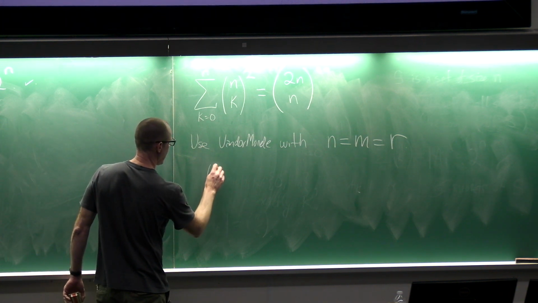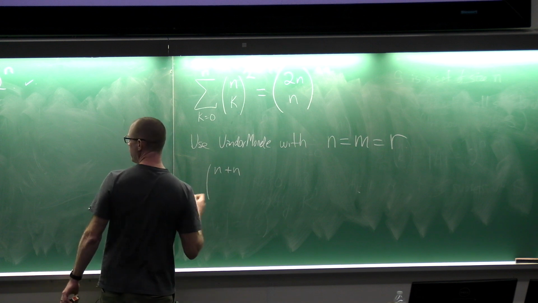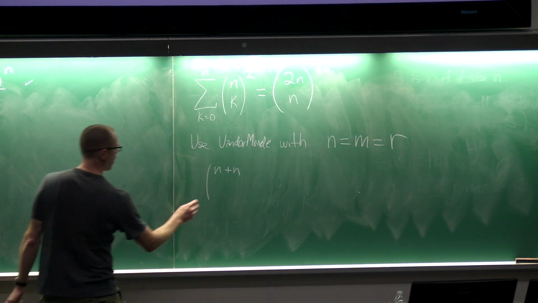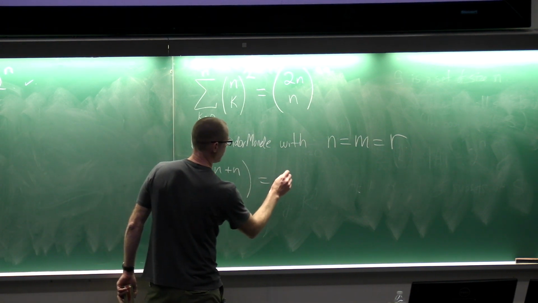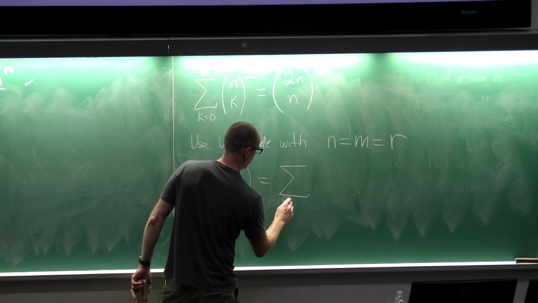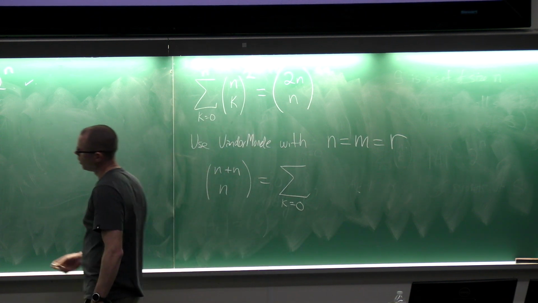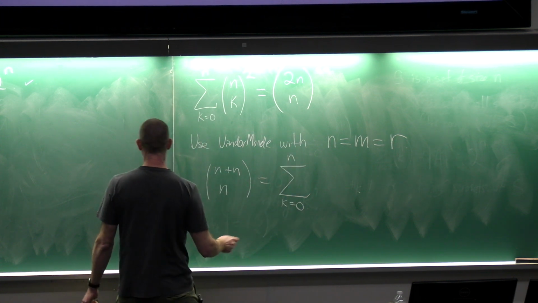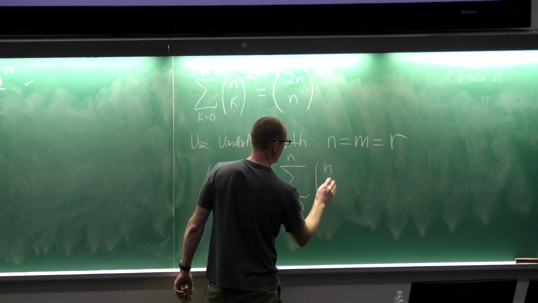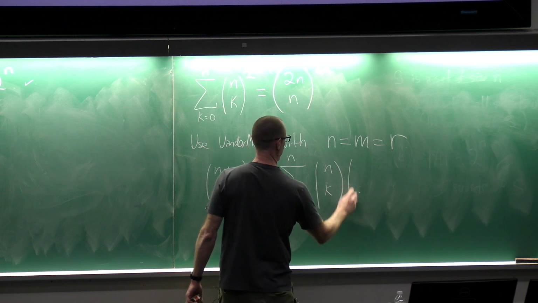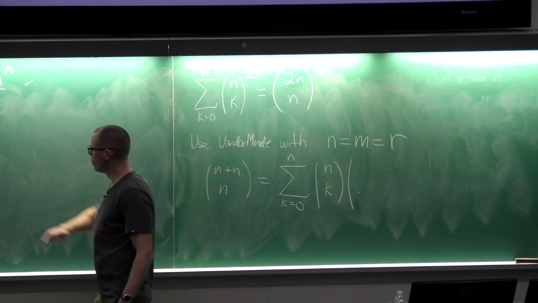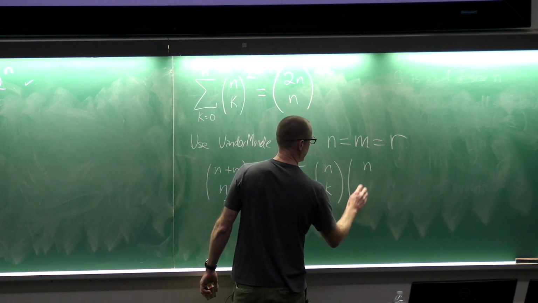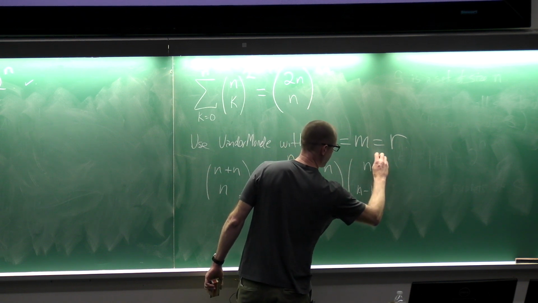So that says that m plus n choose n is equal to the sum k equals 0 to n of n choose k, n choose n minus k.